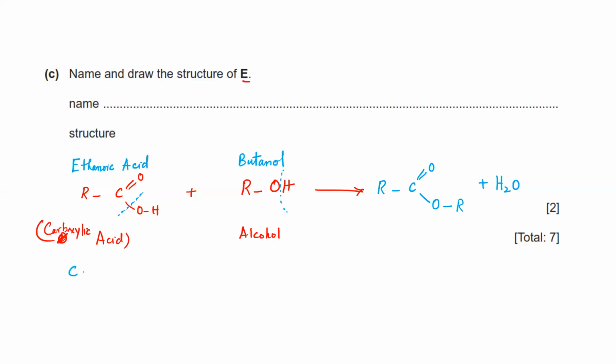So ethanoic acid is CH3COOH, plus butanol, C4H9OH. So this becomes actually, first R comes from here.